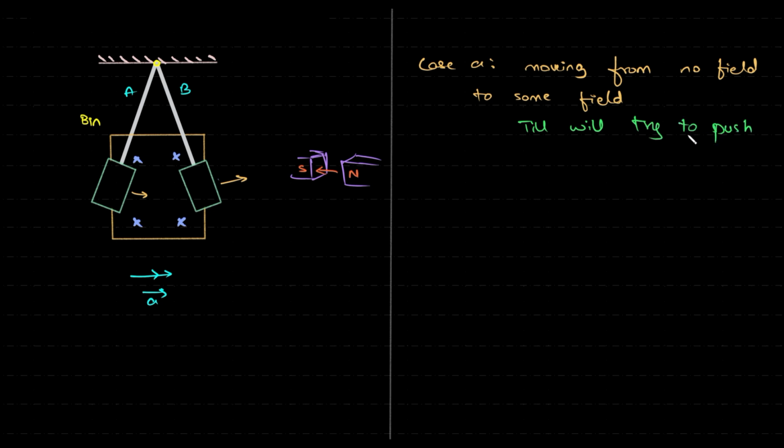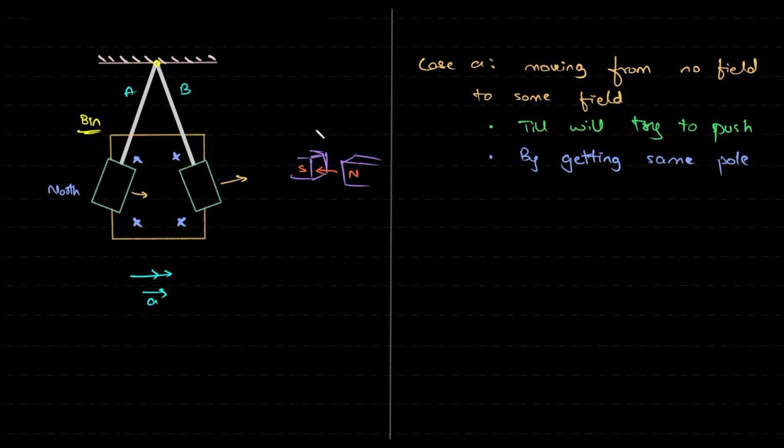How can some magnet push another magnet? By getting the same magnetic pole. So basically this has to become north because the other end is south. So how does a north look over here? This is north, by the way, and this is inward, so we are looking at south.